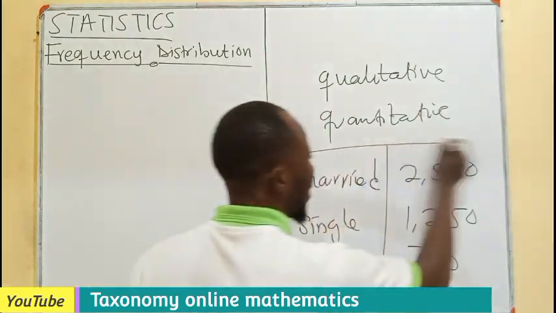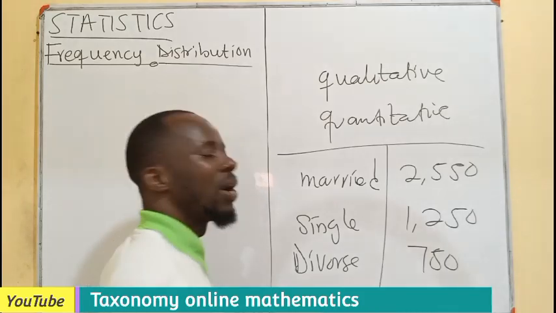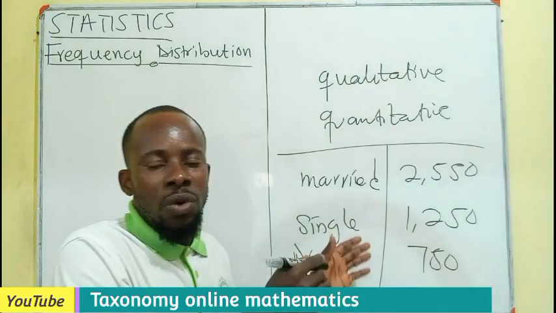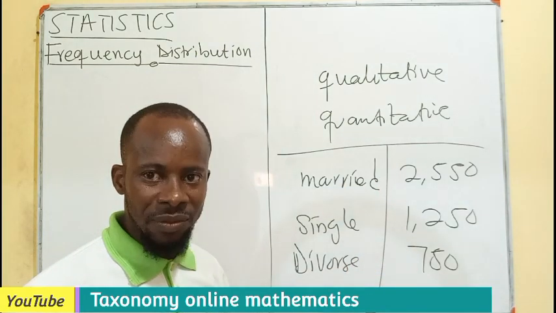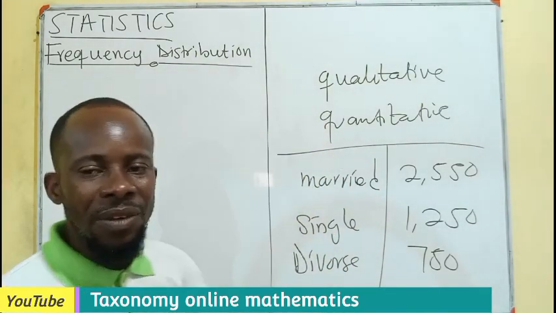Just looking at the category, then the number of each category is what is indicated. So this is an example of a qualitative. Then we have quantitative data.